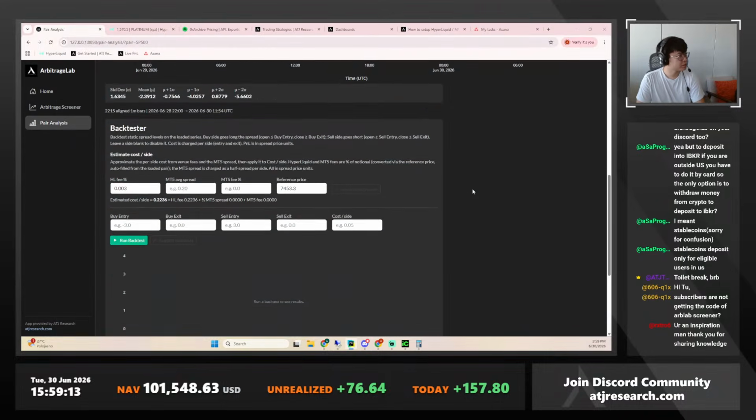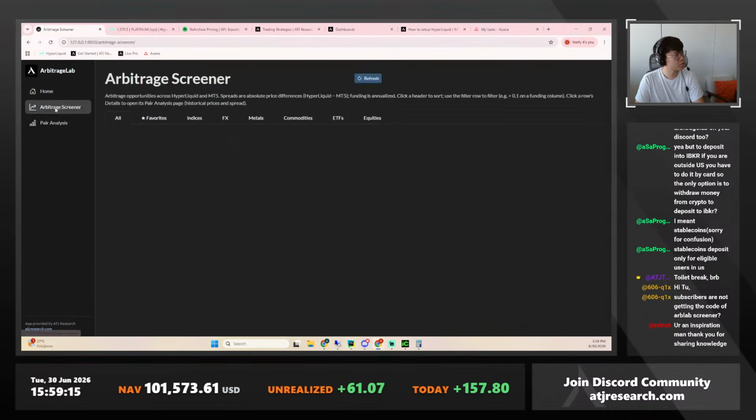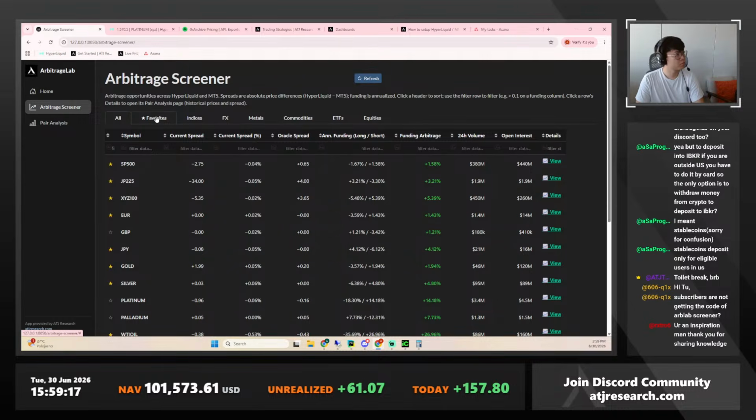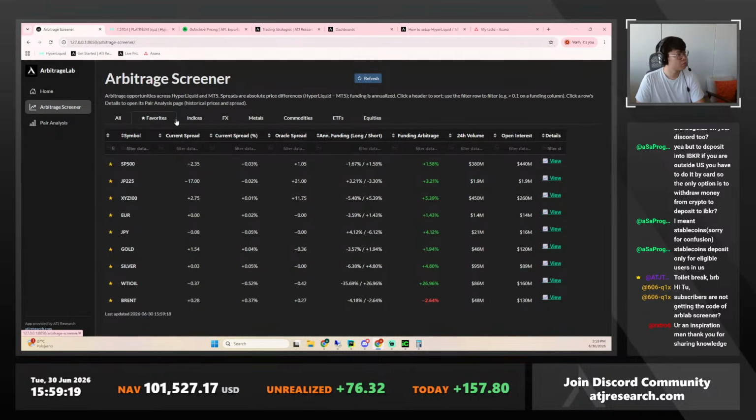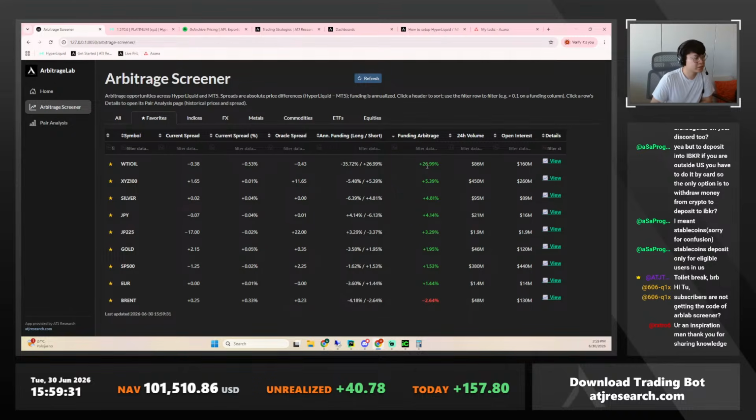And let's have a look at this now. Okay, so crude oil is still very high. It's 26.99% short funding rate arbitrage.